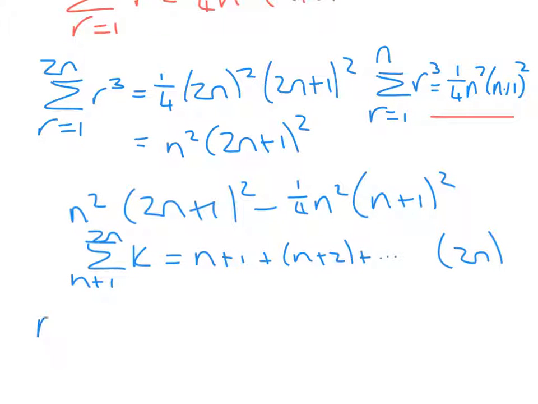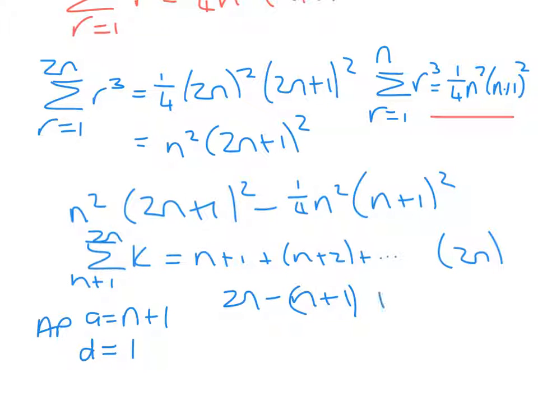So that is an AP with first term n plus 1, and common difference is 1. We want to work out then the number of terms. So the number of terms will be 2n minus n plus 1 plus 1. So that gives us n that we're trying to add together.